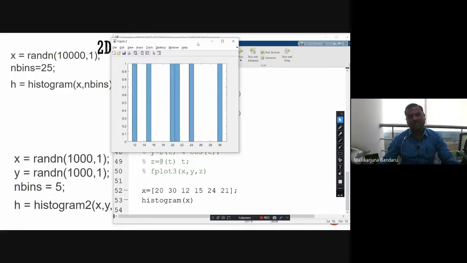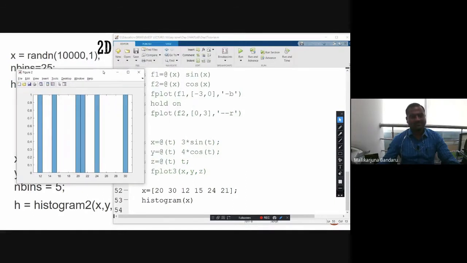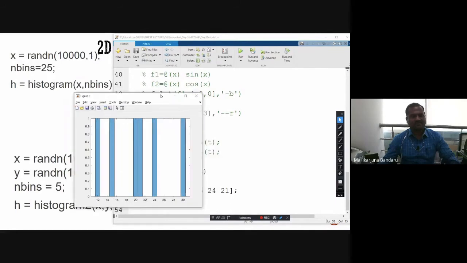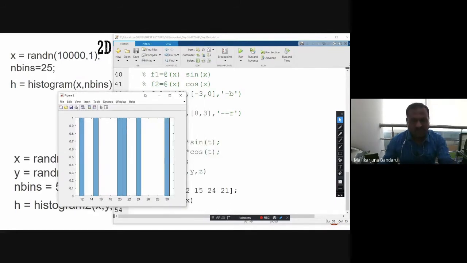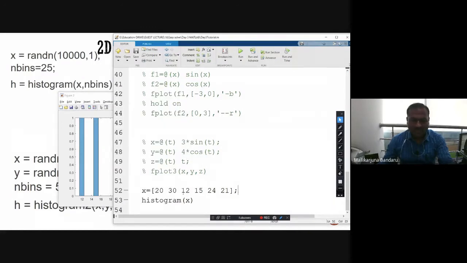See here, this is like this. Actually, x we have taken as rows, right? Let us make it a column. Then you see actually the column.